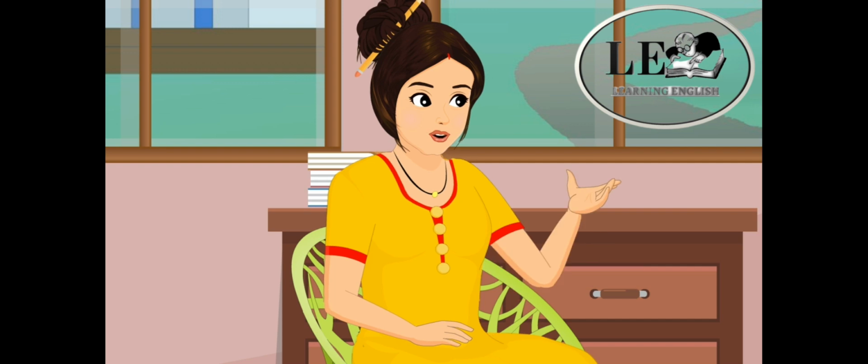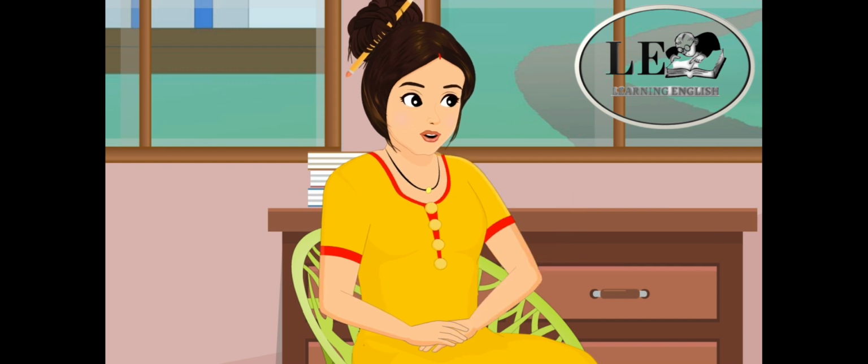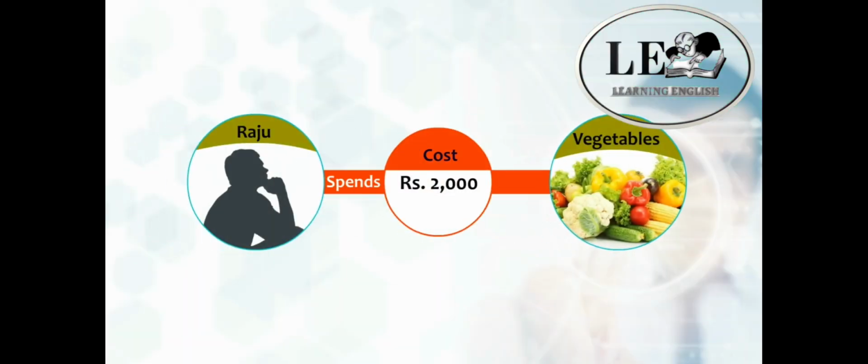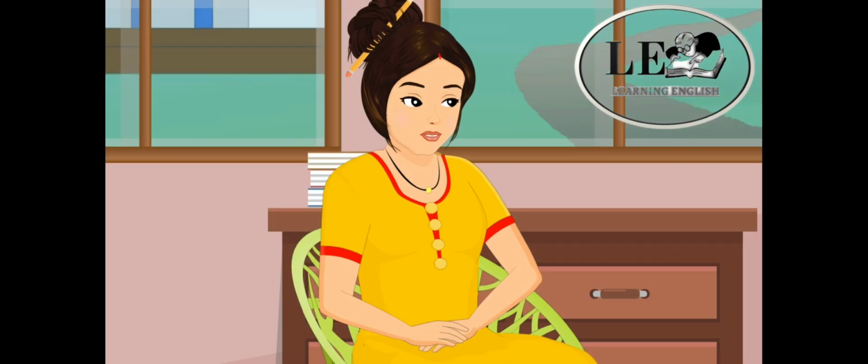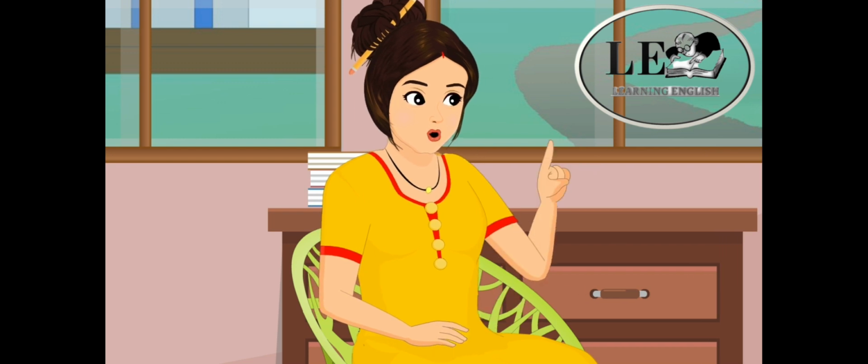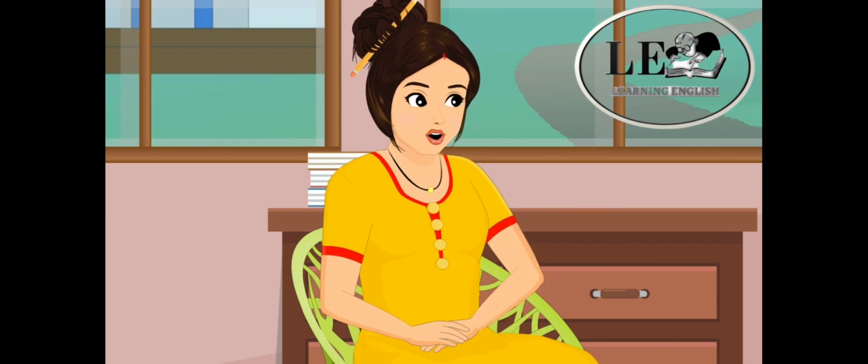Continuing with the same Raju Thelawala example, let's say that Raju spends rupees 2,000 to buy vegetables. This is his cost. For now, let's not worry how this will impact his balance sheet. He then decides to sell his vegetables for a total of rupees 3,000.